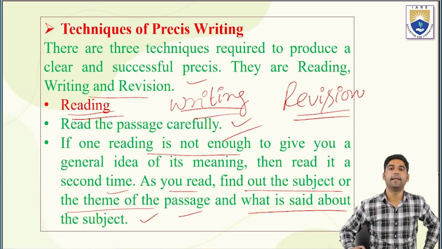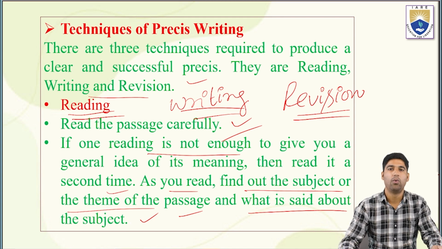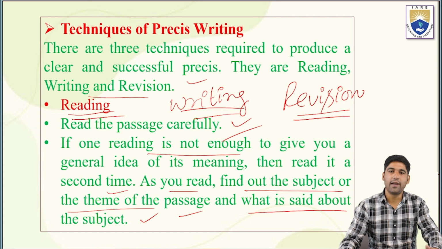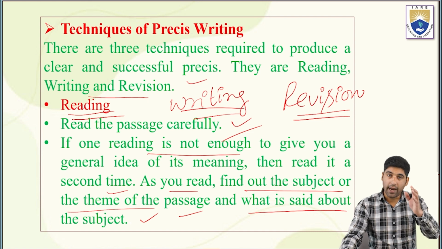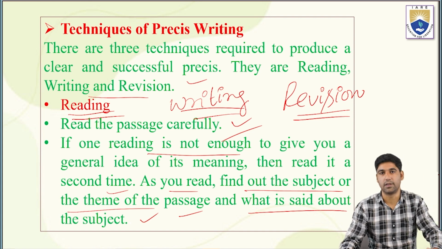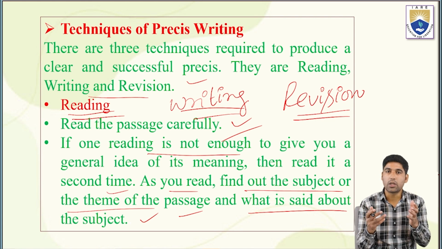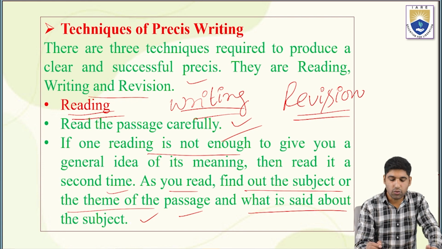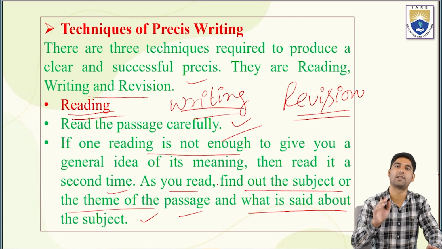For example, if we are reading a passage written on love, or on war, or on IT, or on the contemporary world, or on Chandrayaan 3, what should we find out? We should try to find out what is being said about Chandrayaan 3. What are the different ideas the author has shared about Chandrayaan 3? So we need to find out the subject and what is said about the subject.